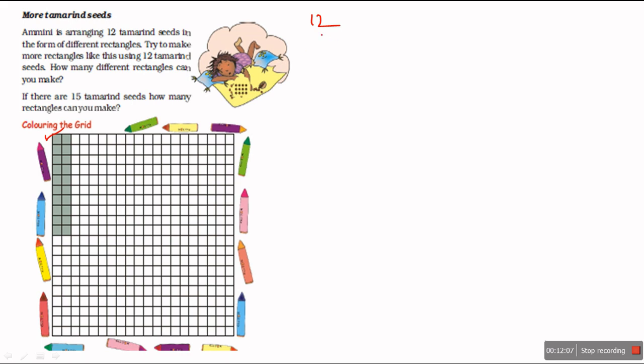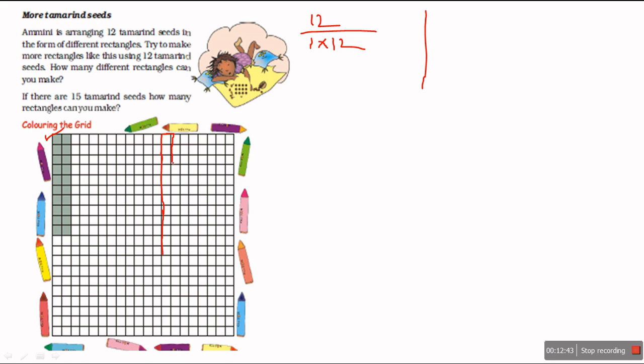If I have 12, how many possible rectangles can I make? Look at this: 1 into 12. These are factors of 12. So I can make rectangles by arranging all 12 seeds like this: 1, 2, 3, 4, 5, 6, 7, 8, 9, 10, 11, 12.